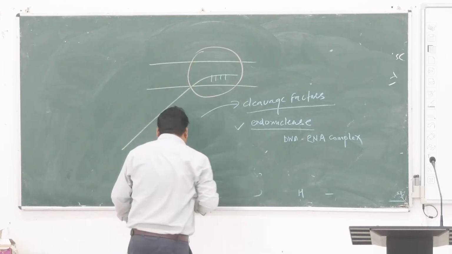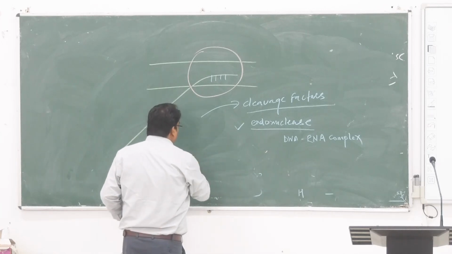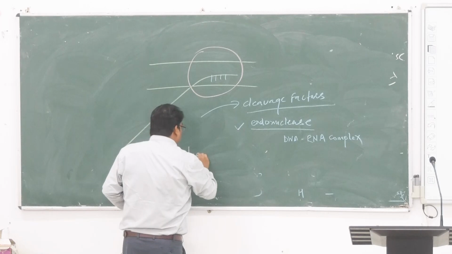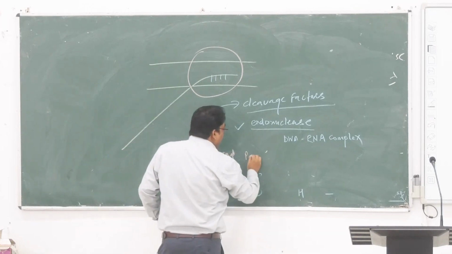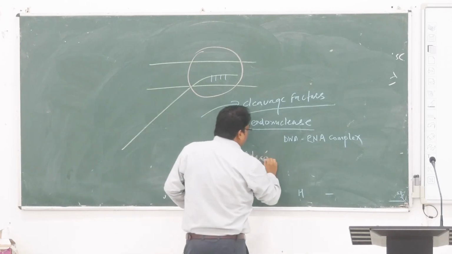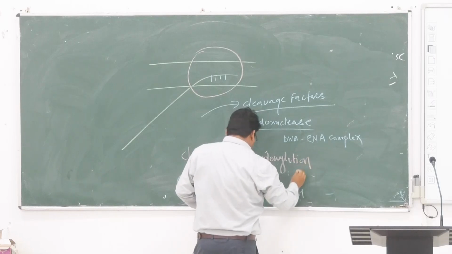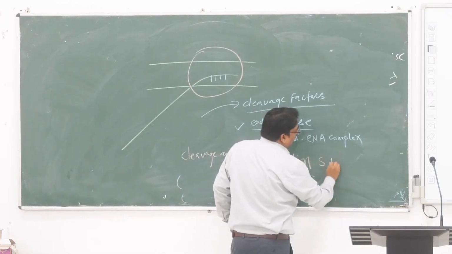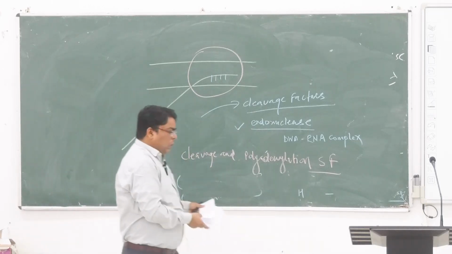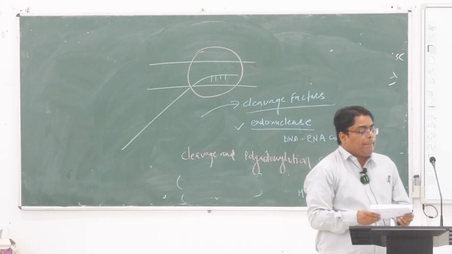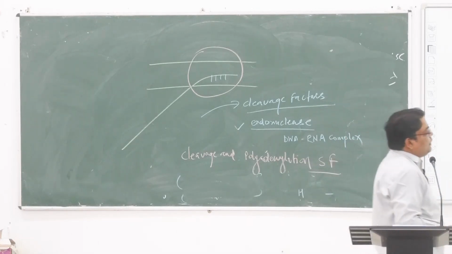Lastly, termination. And by some cleavage and polyadenylation specific factors, these all are the things which lastly terminate these chains of RNA.